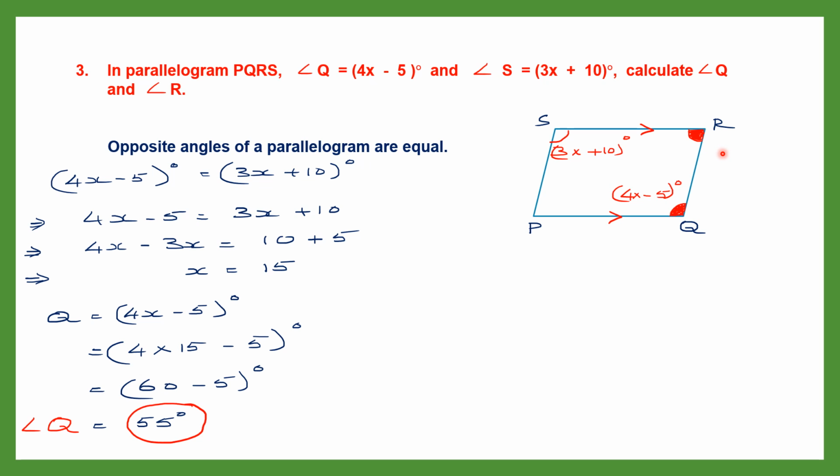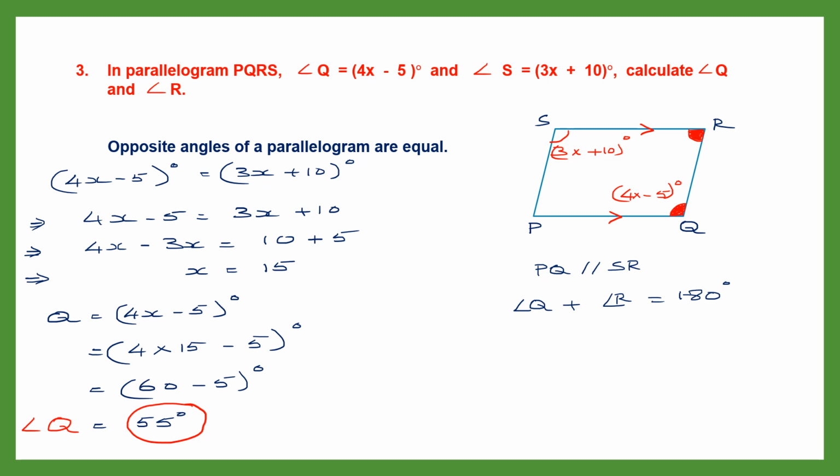And we know co-interior angles are supplementary. So let's write PQ is parallel to SR and angle Q plus angle R will be equal to 180 degrees because co-interior angles are supplementary.